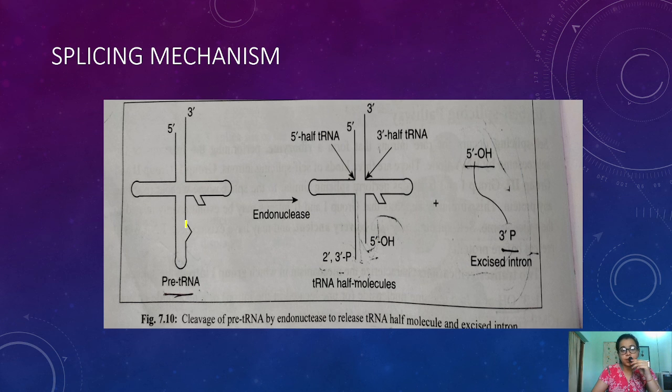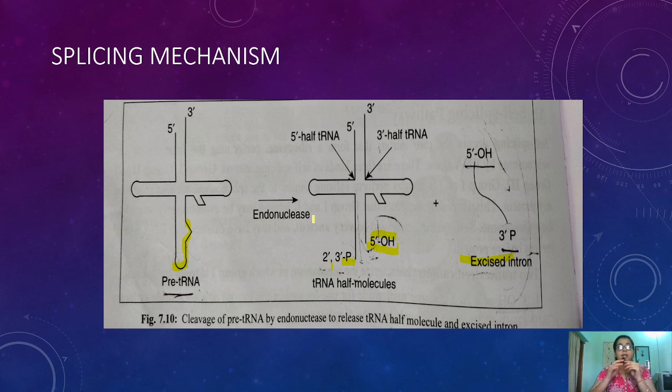As a result, this portion I am highlighting is the intron part. This portion is cleaved out as the excised intron, which has a 5' OH and a 3' phosphate end. As a result of the removal of the intron, unusual ends will be formed: 5' OH will be formed in the 3' half of the tRNA and 2',3' phosphate will be formed in the 5' half of the tRNA.